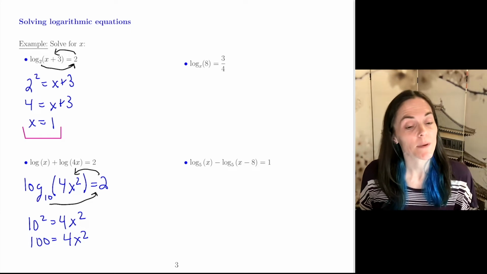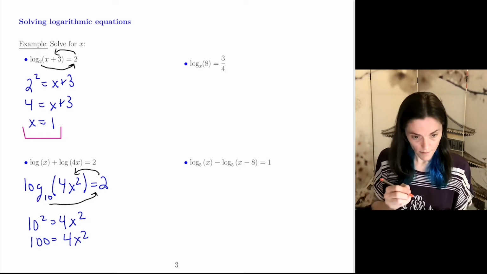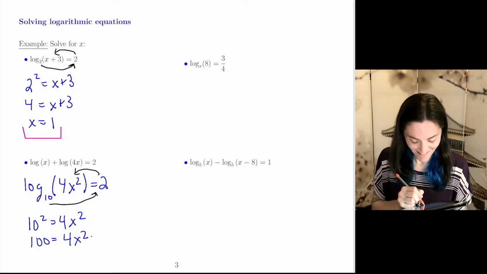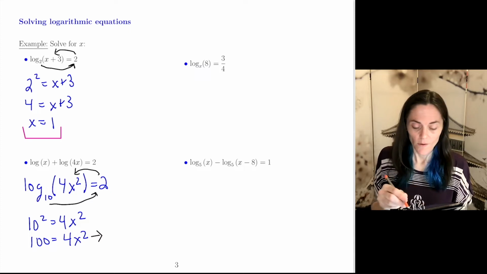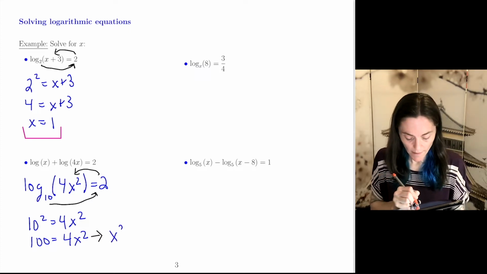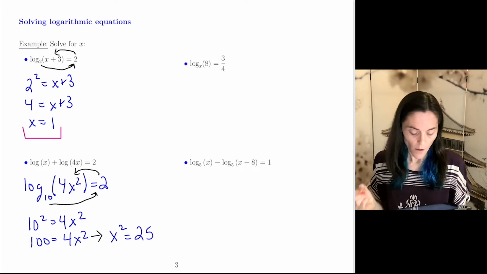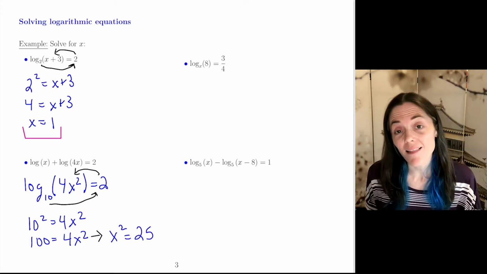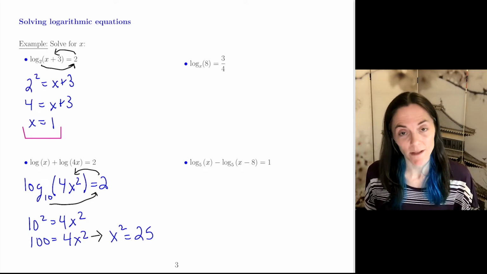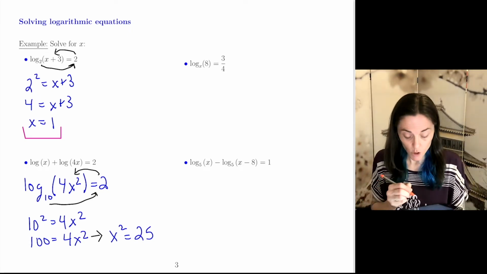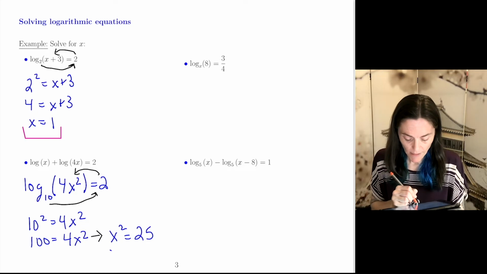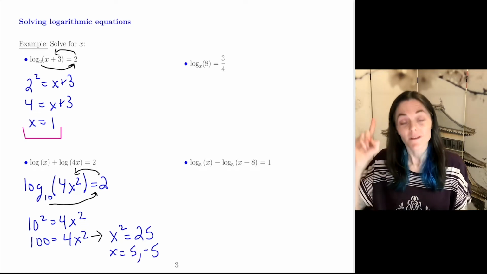Now this is 100. So we have 100 equals 4x squared. The next step would be divide both by 4. Maybe I will put an arrow here. And we get x squared equals 100 over 4, which is 25. Well, if all I'm solving is x squared equals 25, I would have 2 possible answers. I would have x equals 5 and minus 5.